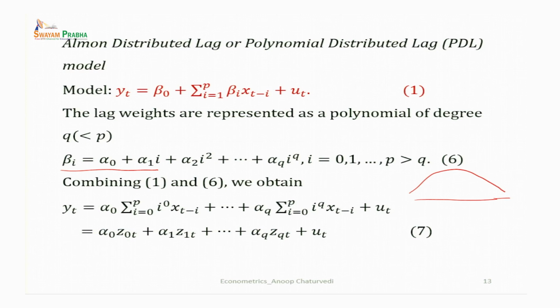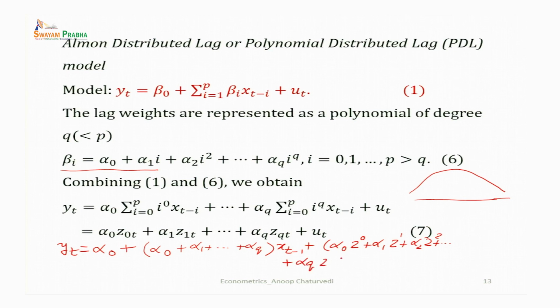So, in general you can write y t equal to alpha naught here plus beta 1, which is alpha naught plus alpha 1 plus so on plus alpha q, into x t minus 1, plus alpha naught into 2 to the power 0, which is 1, plus alpha 1 2 to the power 1 plus alpha 2 2 square plus so on plus alpha q 2 to the power q, and then you have x t minus 2 here plus so on.